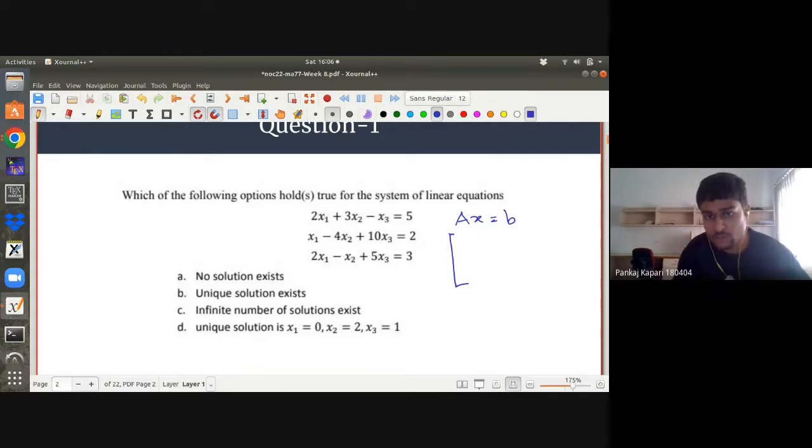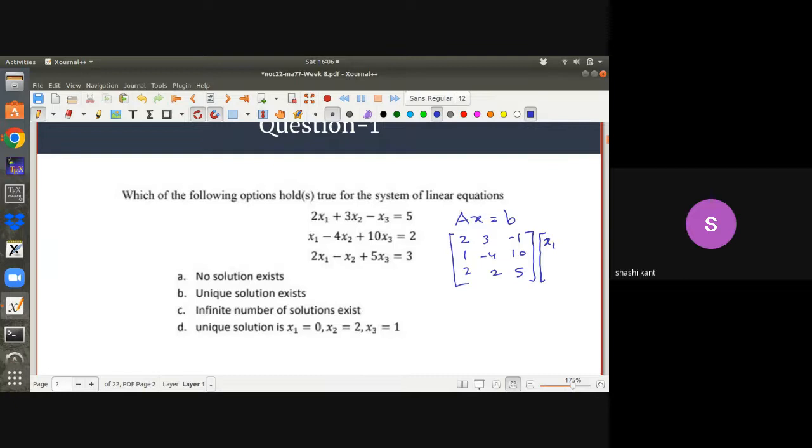We choose the coefficients of x1 as the first column: 2, 1, 2. The coefficients of x2 in the second column: 3, minus 4, minus 1. And the coefficients of x3 in the third column: minus 1, 10, 5.